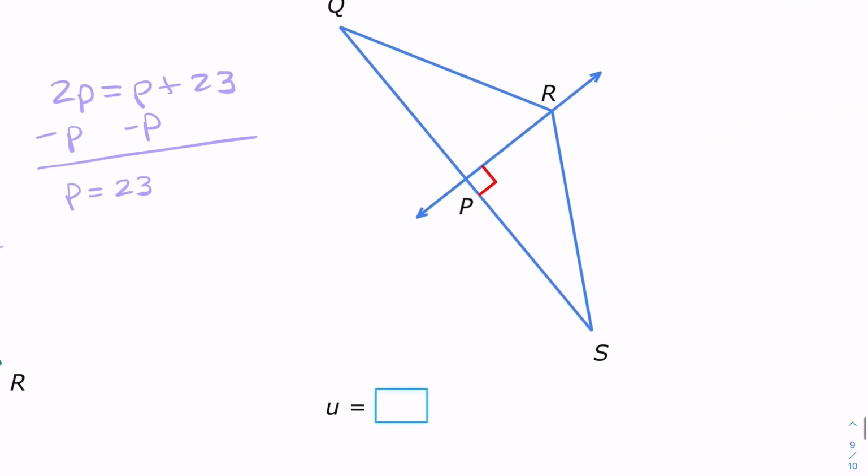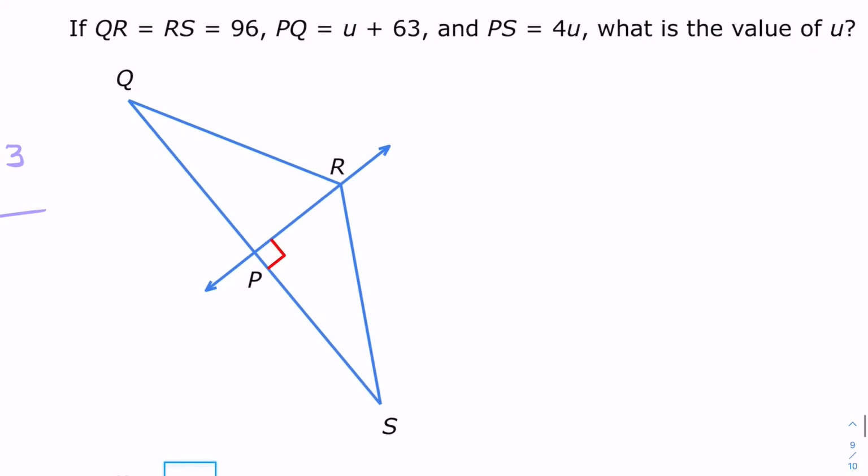All right, the next one, QR equals RS, so QR equals RS equals 96. Okay, PQ equals U plus 63, and PS equals 4U.